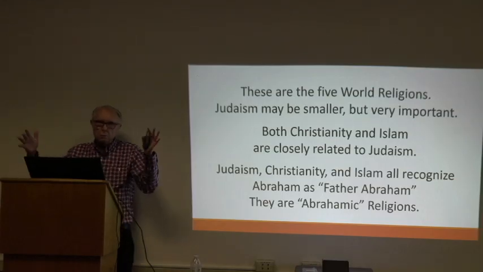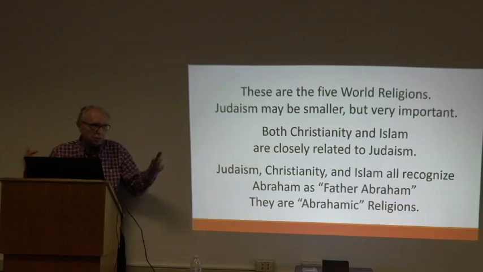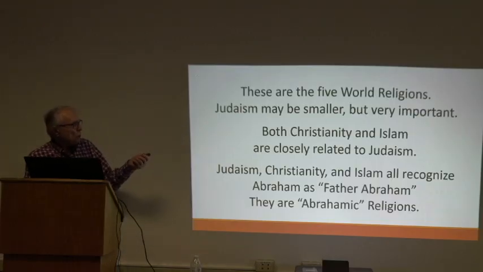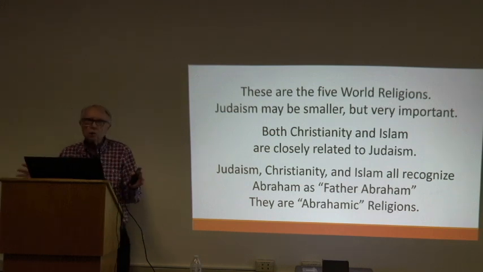If you ask anybody in academics, these are the 5. And Judaism may be small, but very important, because both Christianity and Islam are closely related to Judaism. Judaism, Christianity, Islam all recognize Abraham as, quote, Father Abraham. They are Abrahamic religions.